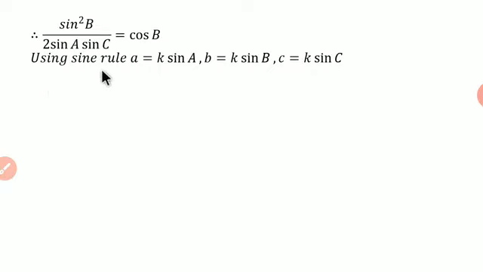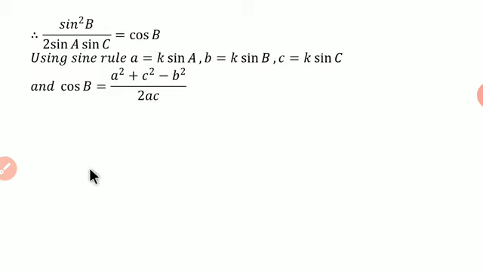Using the sine rule, we get a is equal to k sin A, b is equal to k sin B, and c is equal to k sin C. We know the value of cos B using the cosine rule as a square plus c square minus b square upon 2ac.